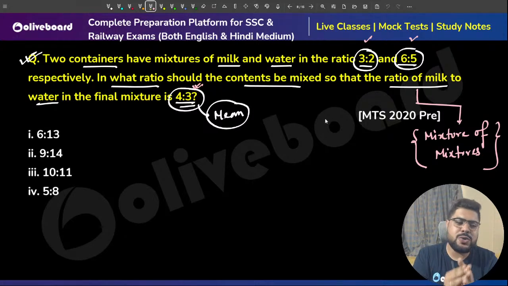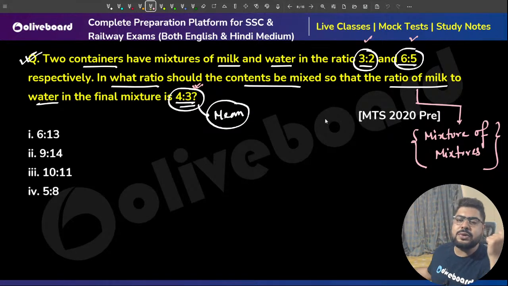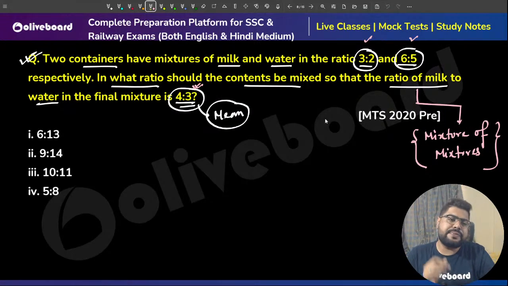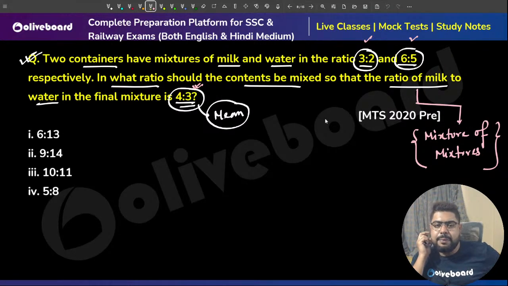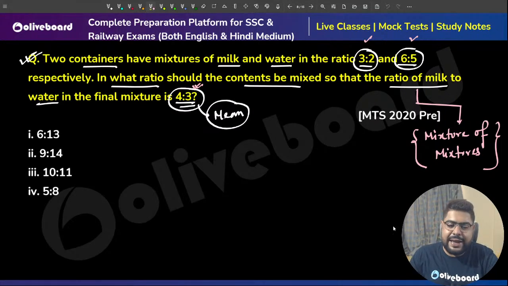If I can do so in percentage, I should be able to do so in ratio as well. So now you tell me whether you want to use allegation on milk or on water. What should be the allegation variable? Milk or water?